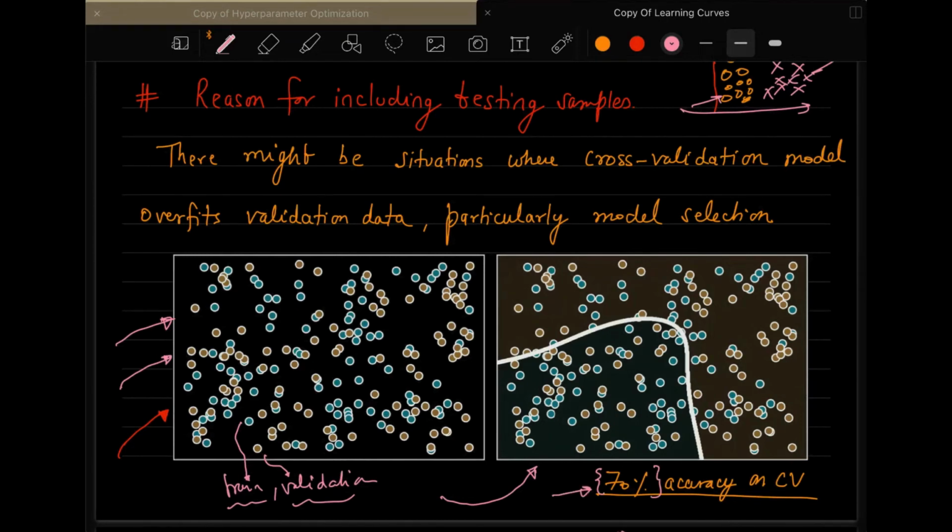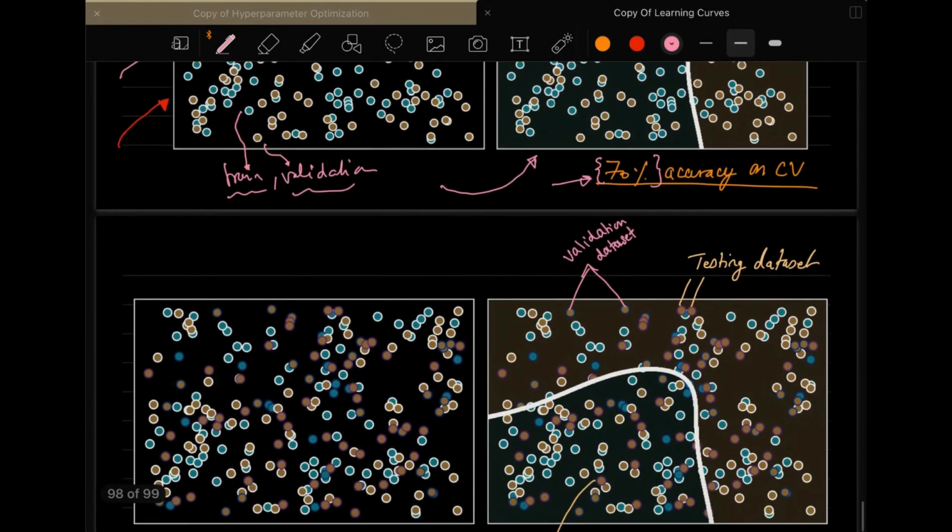From a probabilistic point of view, the maximum probability the classifier can give is 50%, but this particular model is giving 70% accuracy on the cross validation data set. So there is some problem even in the approach that we have already discussed. So what is that problem?